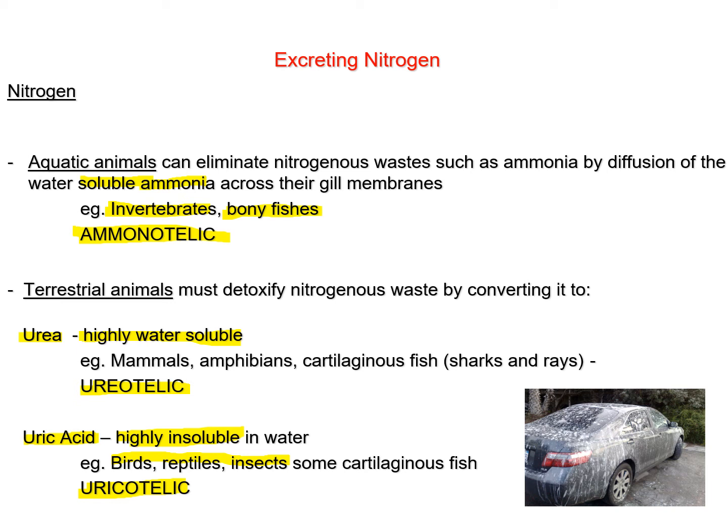Okay, and also in bird excrement, that's the white stuff. Here's an example of a car covered in uric acid, which is highly corrosive, by the way.